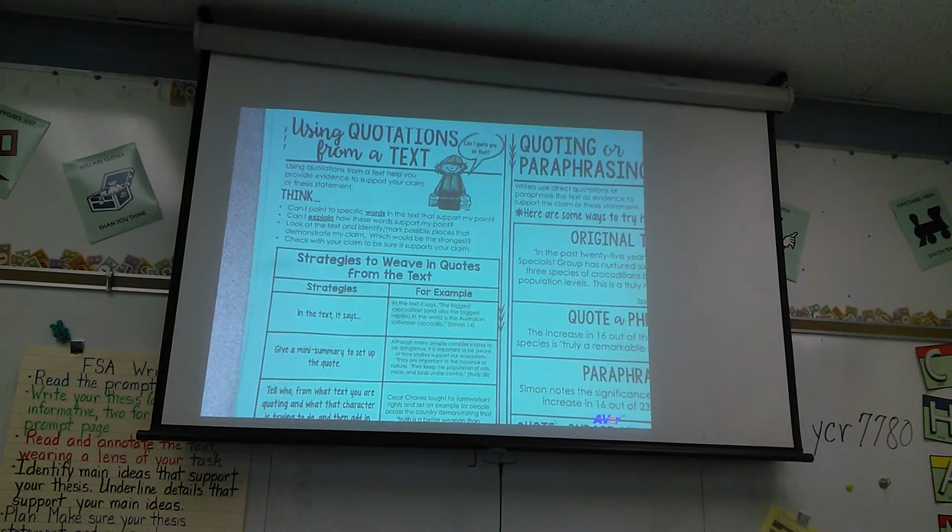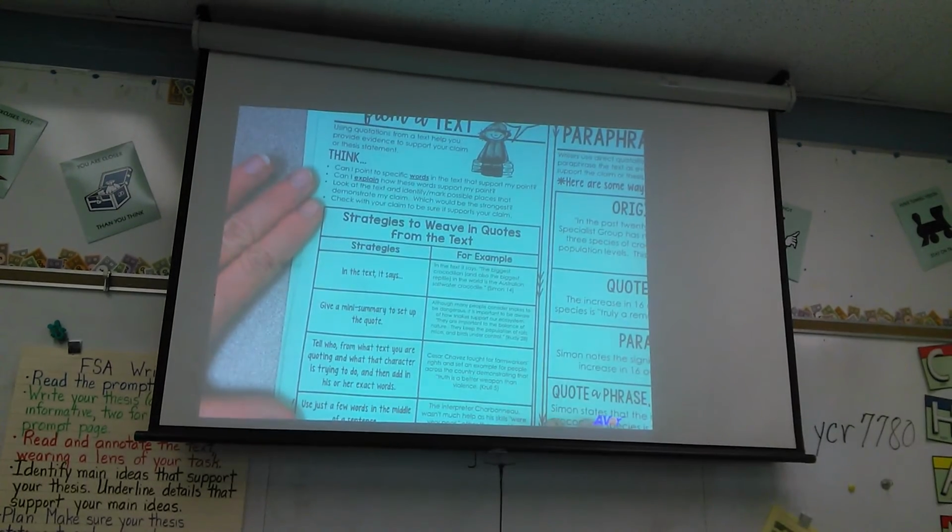So if it's an opinion, the evidence tries to convince them of your main idea. If you're writing informative, which is what we've been doing now, it helps to explain your main idea enough so that your reader understands what you're trying to say. So let's take a close look at this chart.